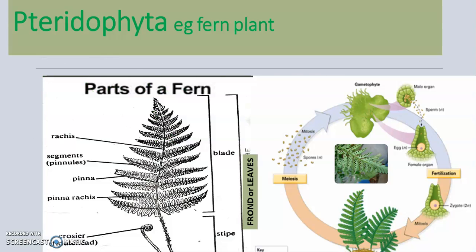A good example of Pteridophyta, or a representative organism of Pteridophyta, is the fern plant. A fern is a simple plant that is regarded as a tissue form of plant.